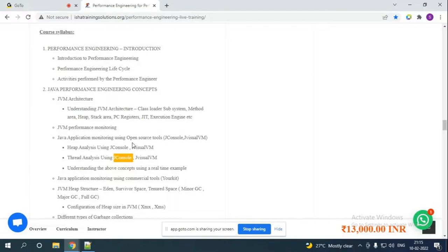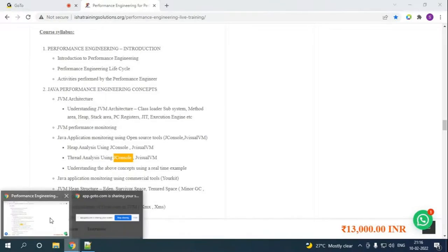Mostly in any interview nowadays, I see this pattern: they will definitely ask what is a heap dump, what is a thread dump, what will you do in a heap dump, what will you do in a thread dump, what is the outcome of your heap dump, what is the outcome of your thread dump, what is your garbage collection mechanism, what algorithm or collector are you using. N number of questions they will ask in the interview.